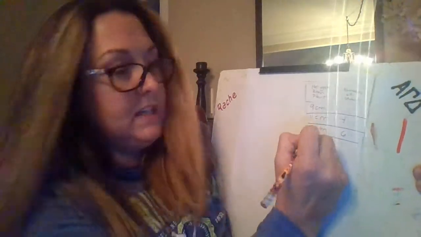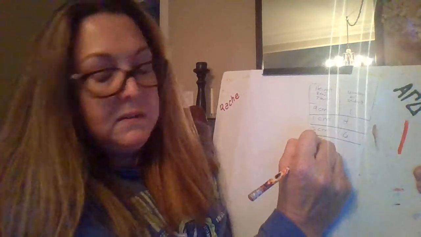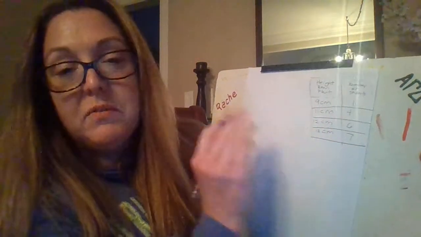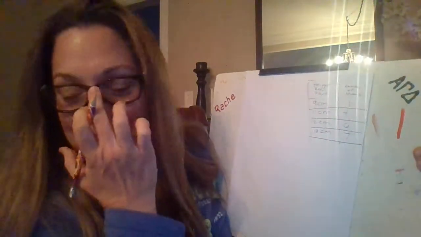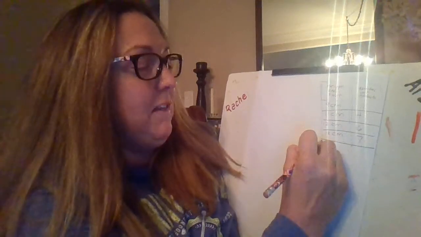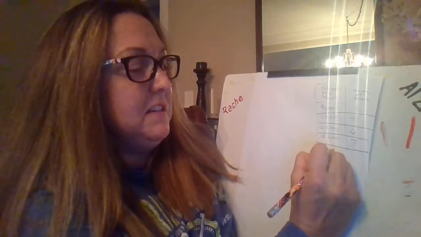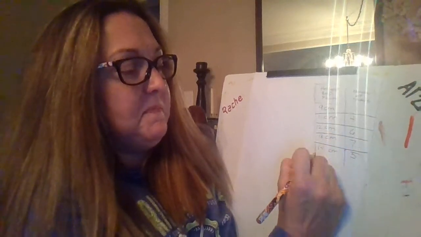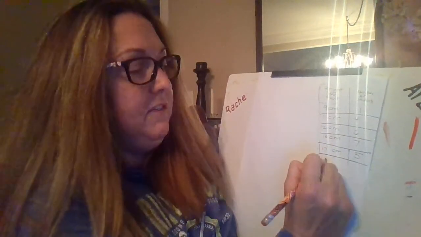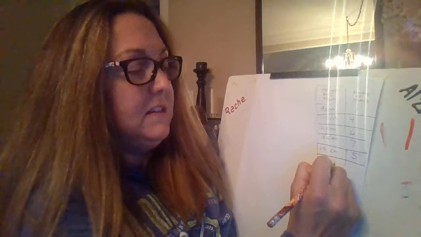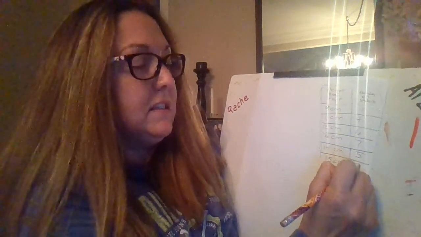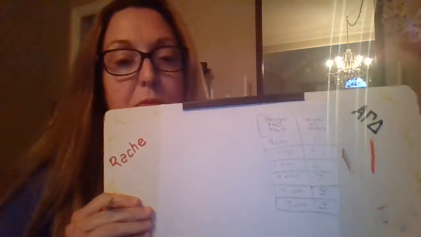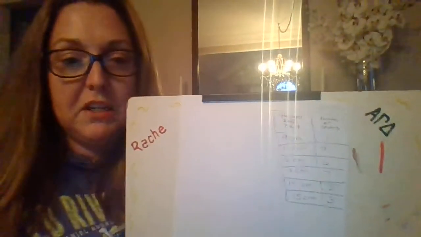Then there was 13 centimeters, and 7 students had that. And you do not need to be copying all of this down, I just realized. Then there was 14 centimeters, and 5 students had that. And finally, 15 centimeters, and 3 students had plants that measured that long. All right, so I had to get this table created so I can show you what we're going to do.